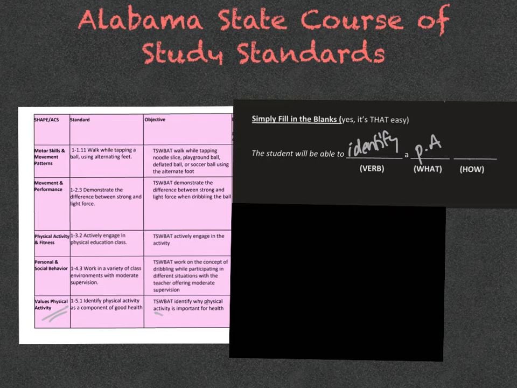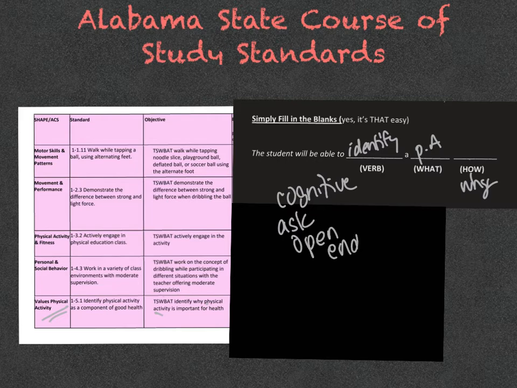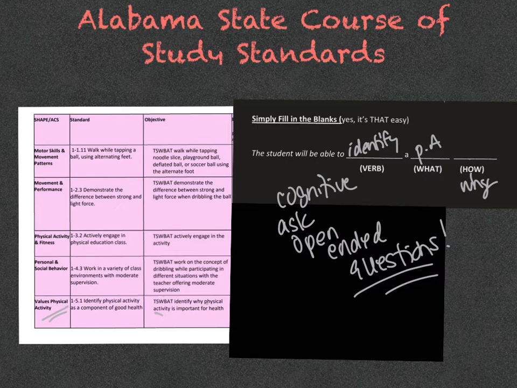Why is it important for his health? How or why? So you would be asking questions, and this may even be cognitive, because you may ask open-ended questions, like we talked about. So that's how you're going to know if they can meet those objectives: by open-ended questions asked while teaching.